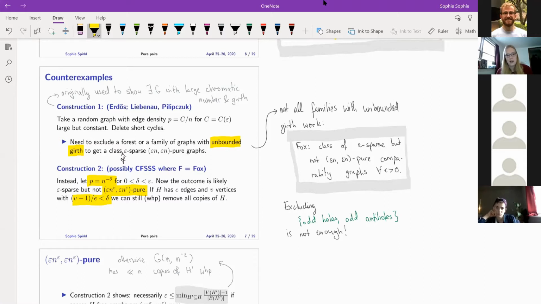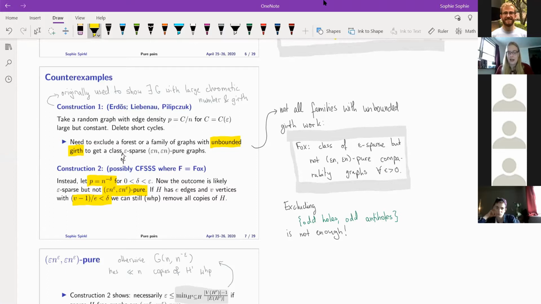So this construction where we increase the edge density until we could just still remove all copies of H tells us for a graph H, what is the upper bound? What size of pure pair could we possibly still hope for?